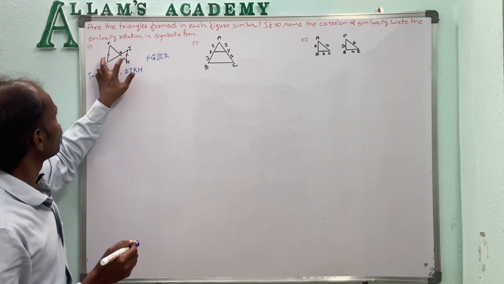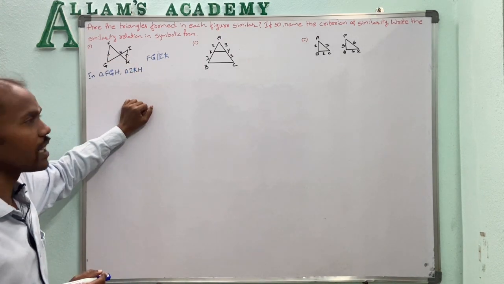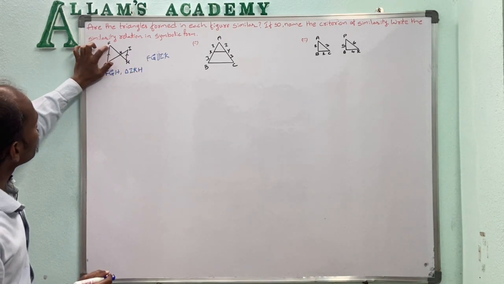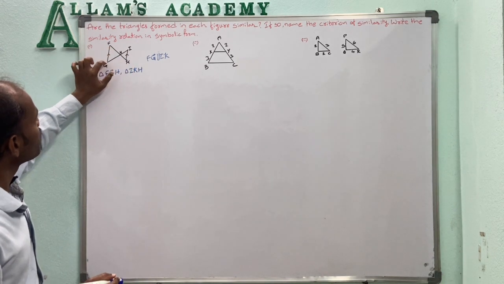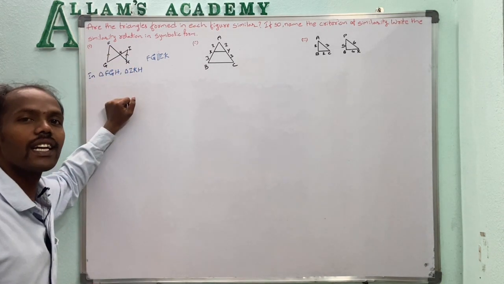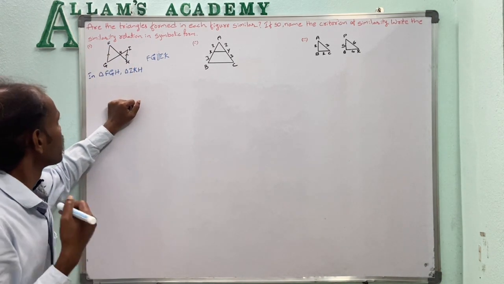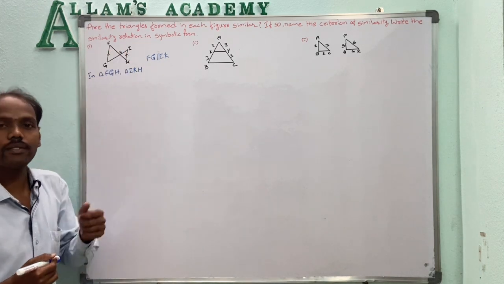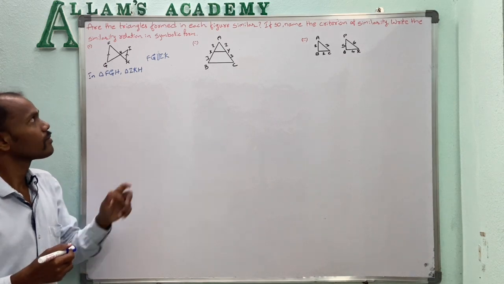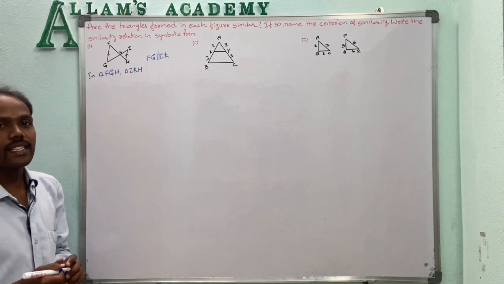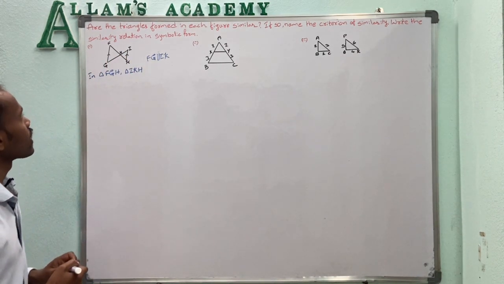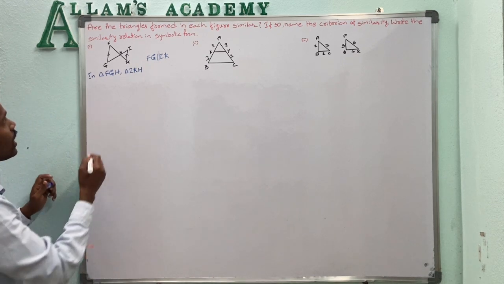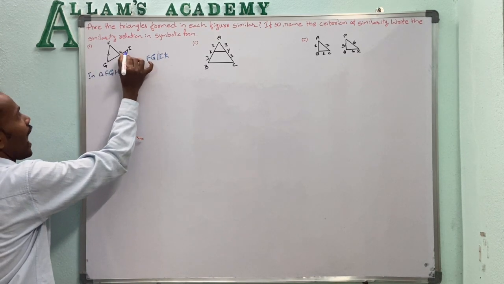So these two lines are parallel lines. If we take FK, or IG, either one, those are the transversals of these parallel lines.